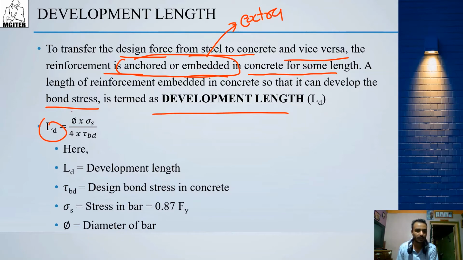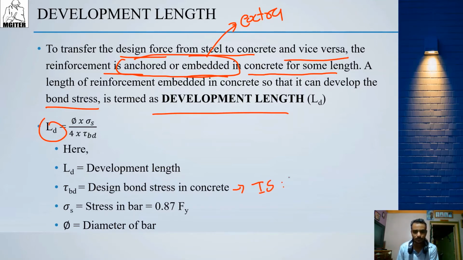We can find development length by this equation: LD equals phi into sigma s upon 4 into tau BD. Here LD is the development length, tau BD is the design bond stress in concrete. How can you find tau BD?